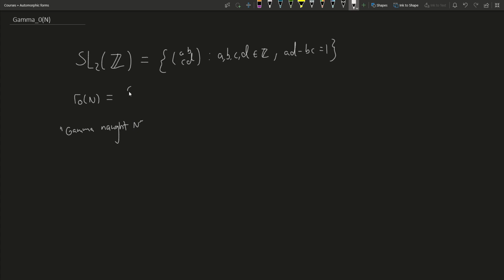And this is defined to be the subgroup of SL2Z where this integer n that appears in the notation divides the bottom left entry of the matrix. And this n is called the level.